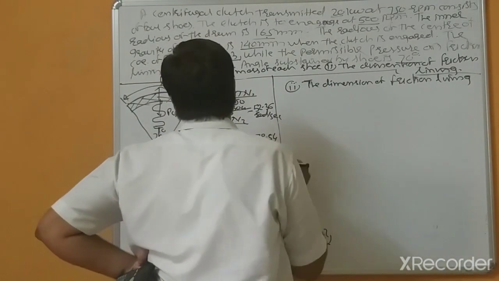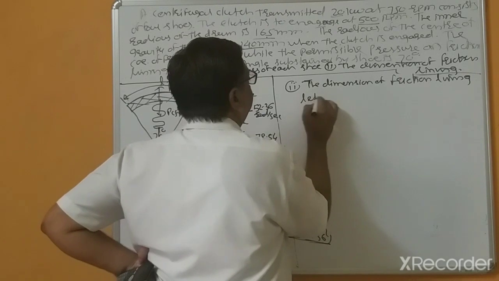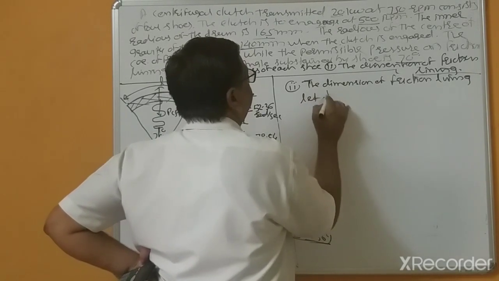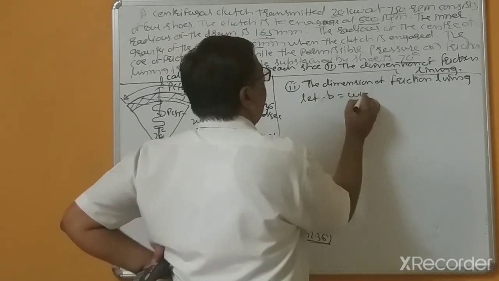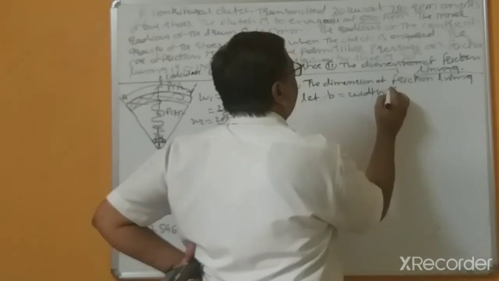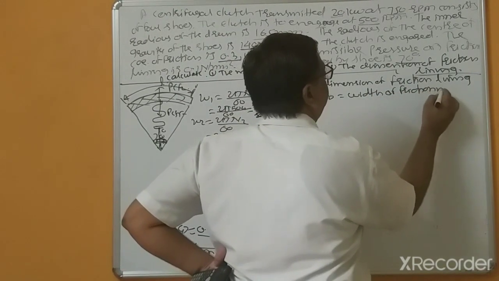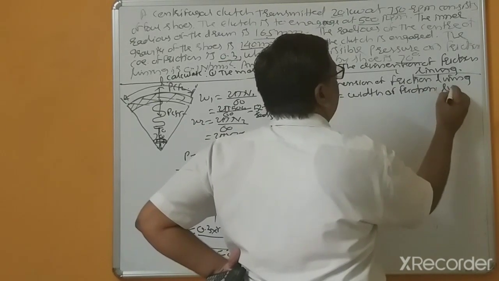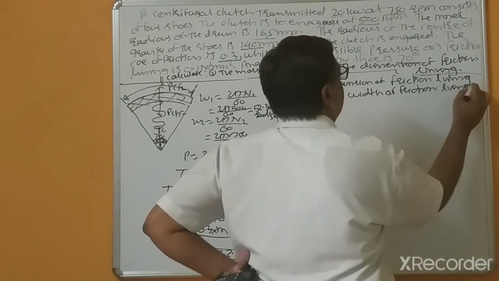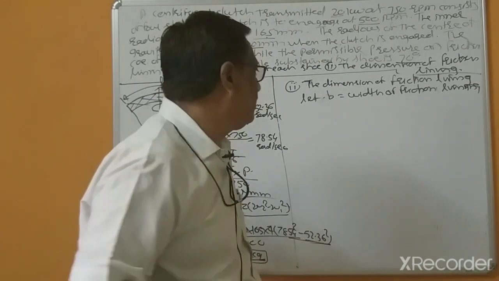Let B be the width of the friction lining.